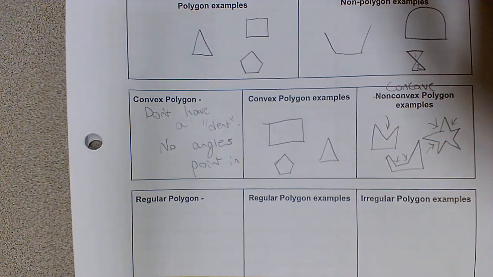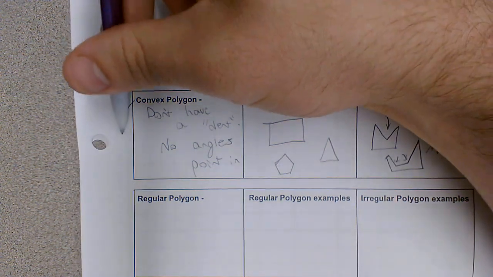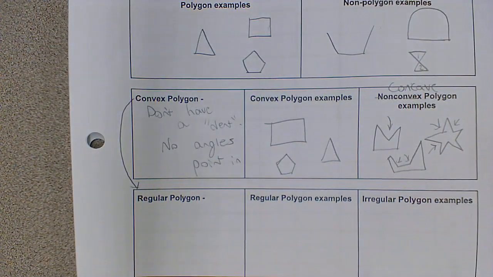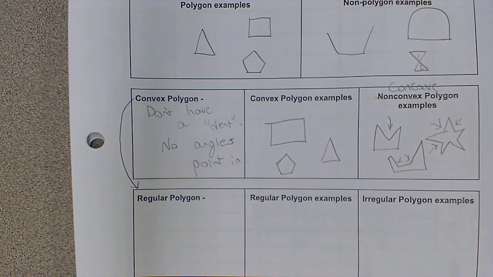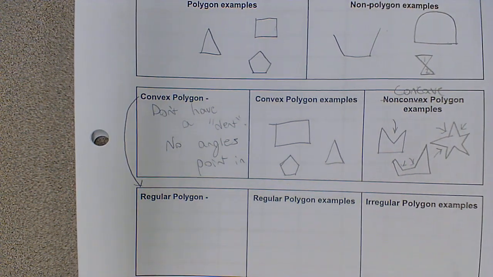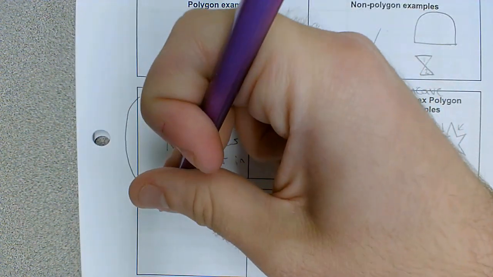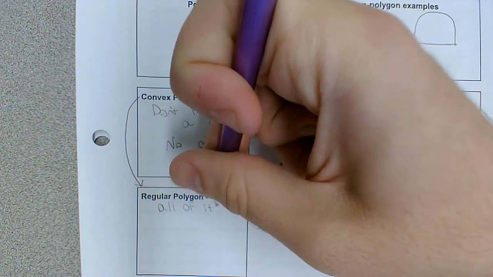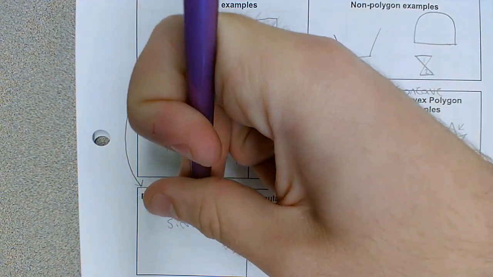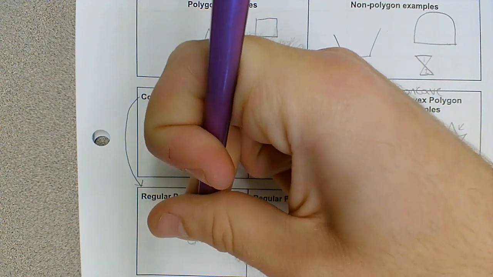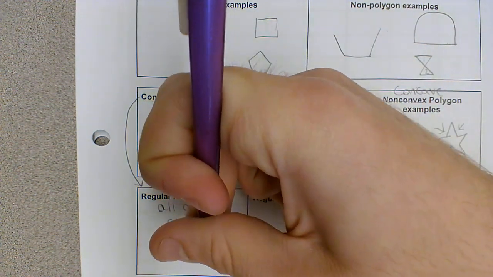So our convex polygons can further be regular. Okay, so a convex polygon is a regular polygon where all of its sides and angles are equal.